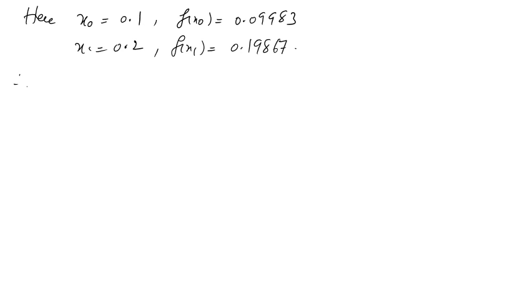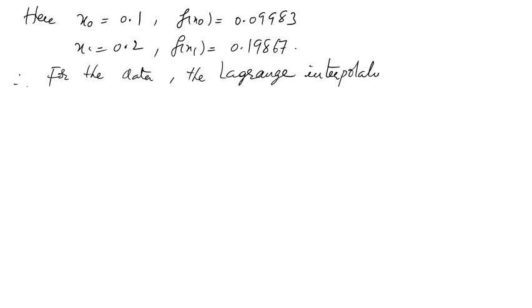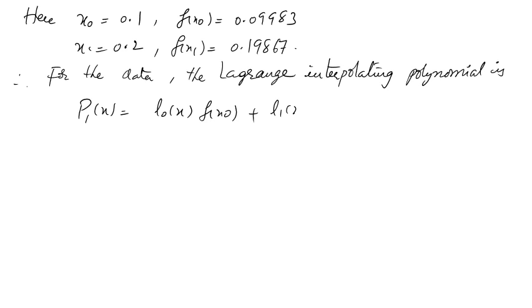Therefore, for the data, the Lagrange interpolating polynomial, what is the formula? P1(x) equal to L0(x) into f(x0) plus L1(x) into f(x1), right?